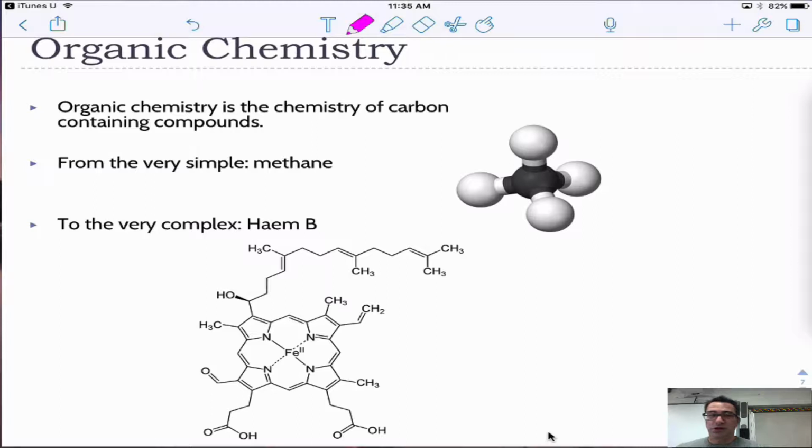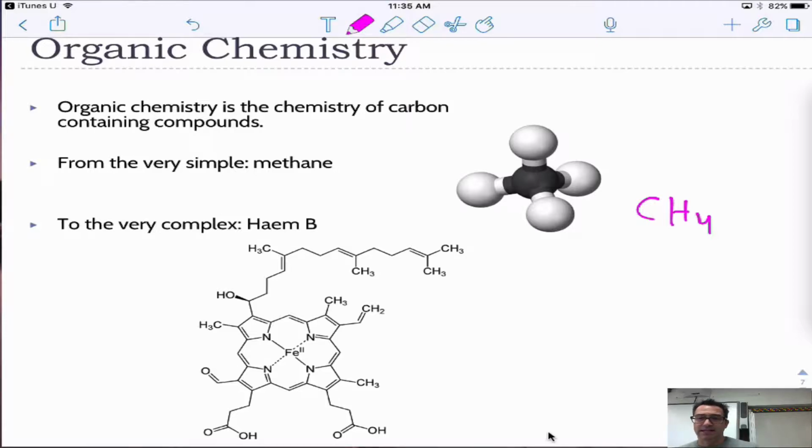So when we talk about organic chemistry in general, we talk about chemistry studying where carbon is the central or the main atom. And in this case, they show you a very simple example of something like methane, CH4, with a carbon with 4 hydrogens. And most people think, if you're organic, you have to have carbon and hydrogen.